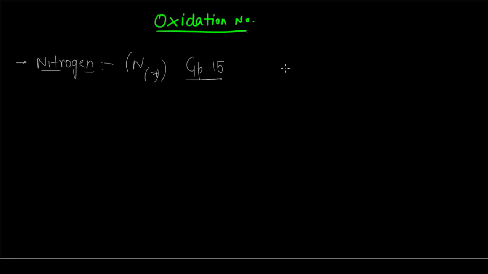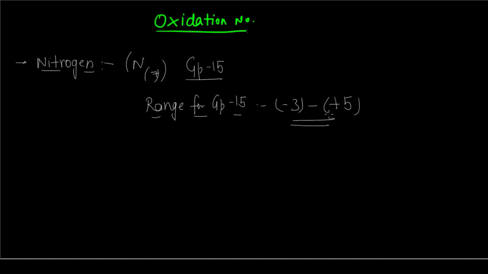The range for group 15 elements and their oxidation numbers is from -3 to +5. So nitrogen and other elements of group 15 can have an oxidation number in the range from -3 to +5. Any number, fractional or integral, from -3 to +5.